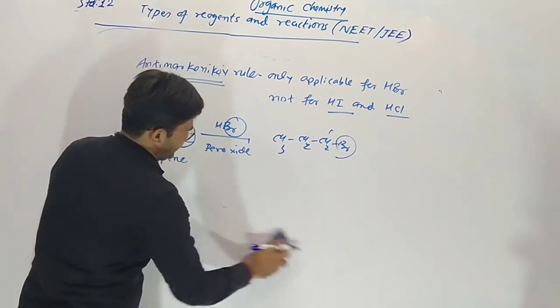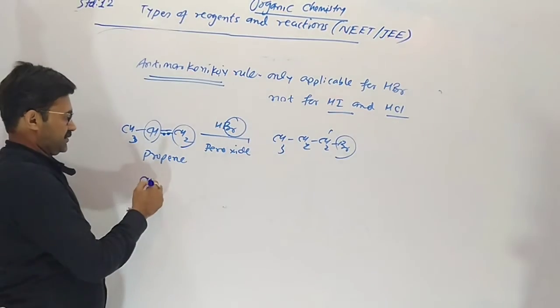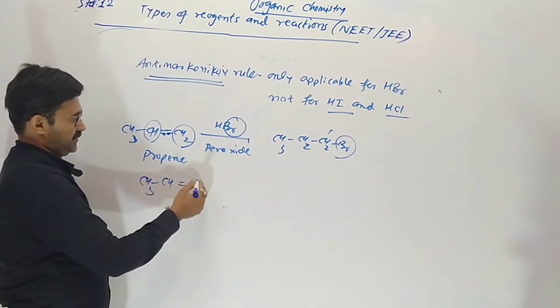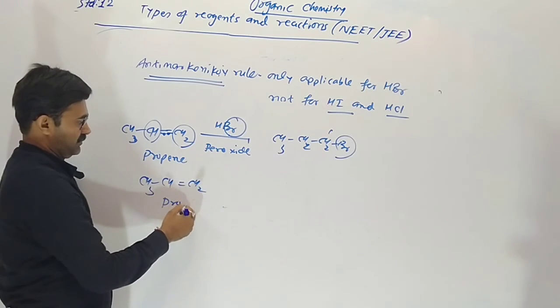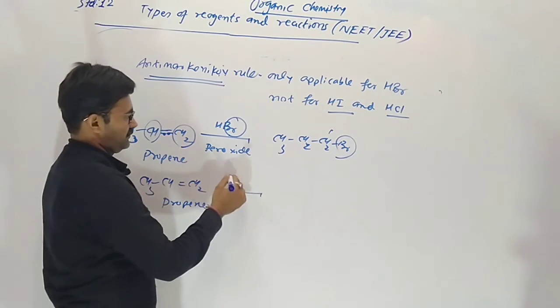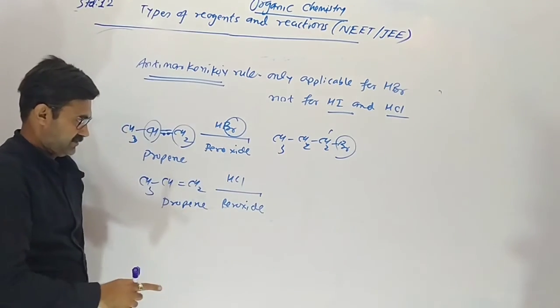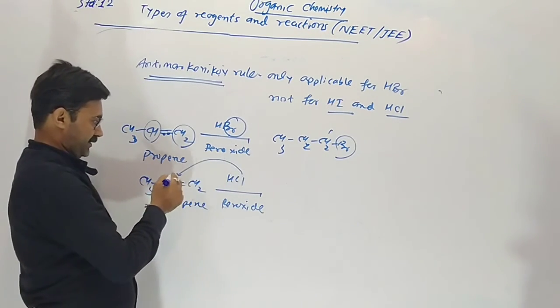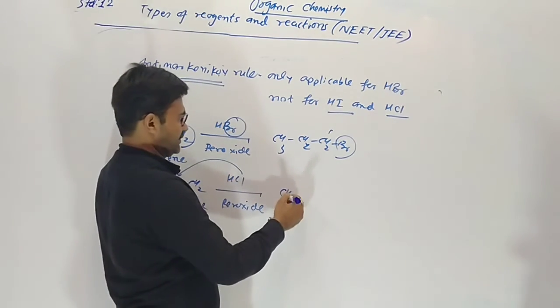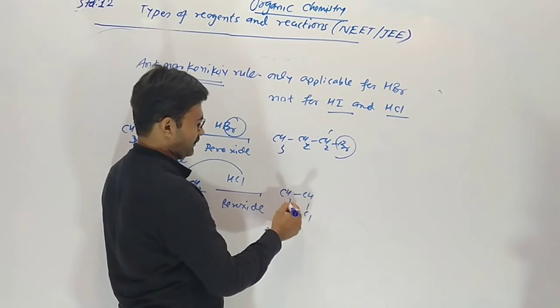If we take HCl with propene and peroxide, the more negative part combines with the carbon having less hydrogen.